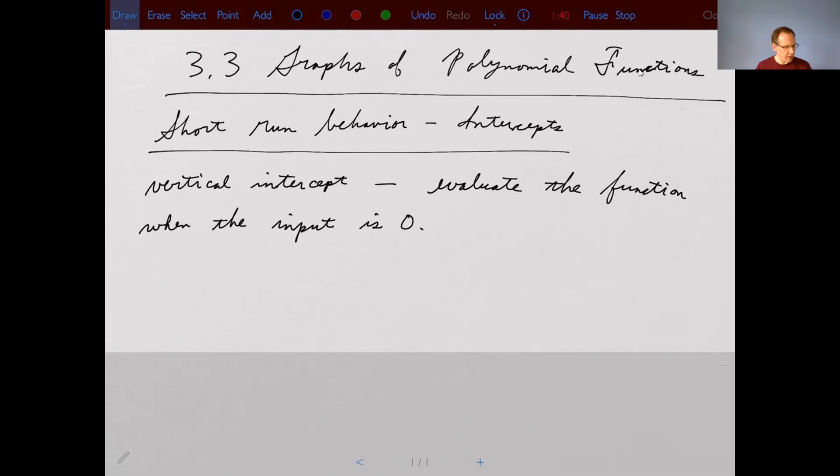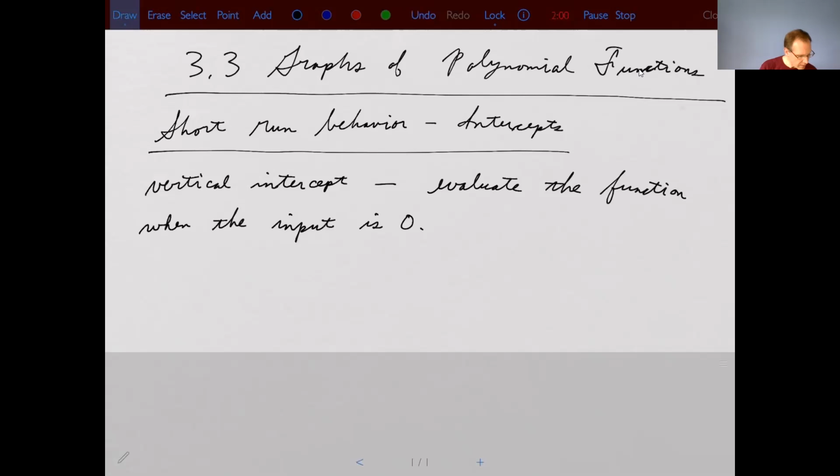Or another way of saying that is if I call the input x and the output, the function itself, y, then I want to set x equal to 0 and solve for y. It's what we've been doing for all of our different functions to find the vertical intercept.